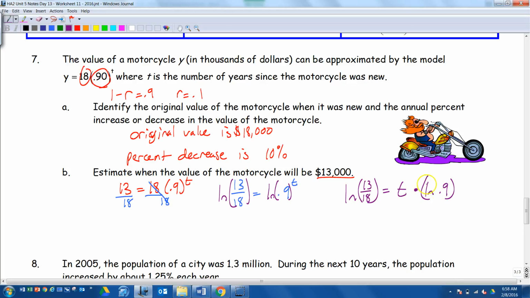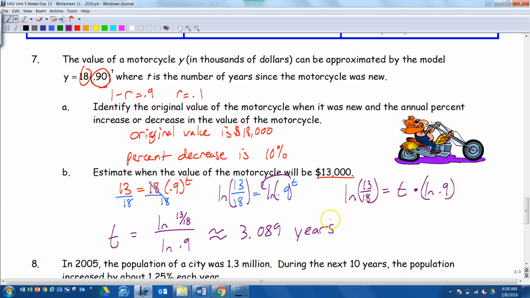Remember, when you natural log, you can bring the t down. So that means that t is equal to the natural log of 13/18 over the natural log of 0.9. And when you type that all in, it's approximately 3.089 years.